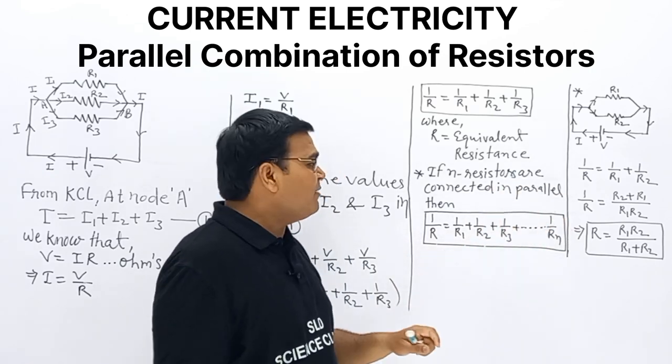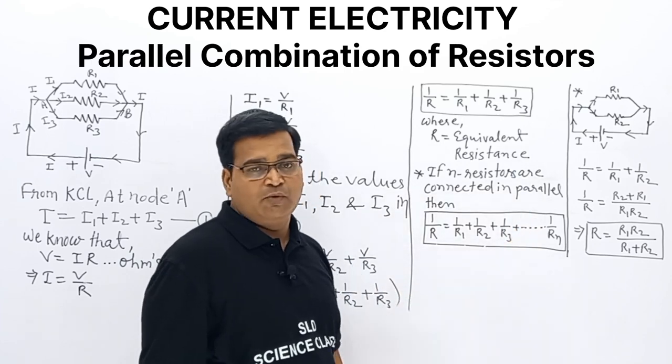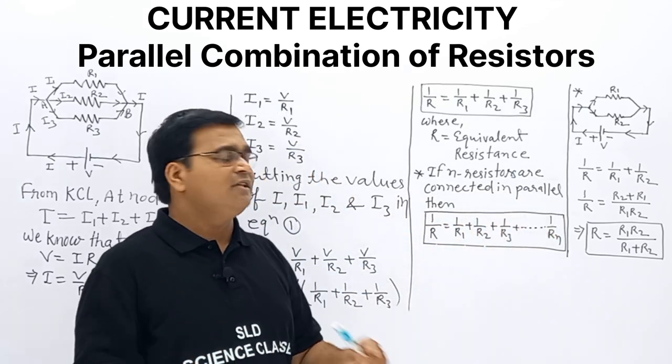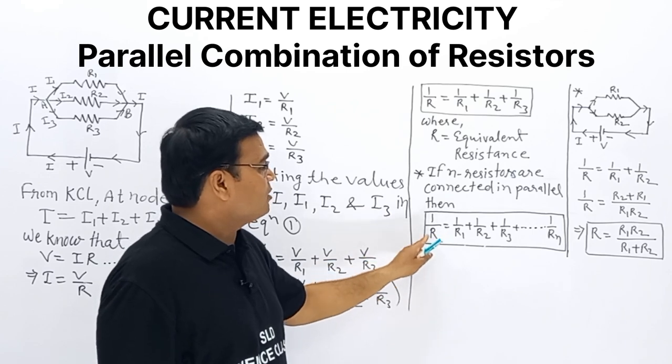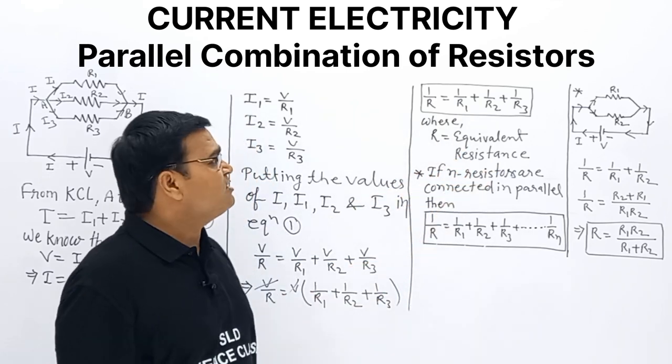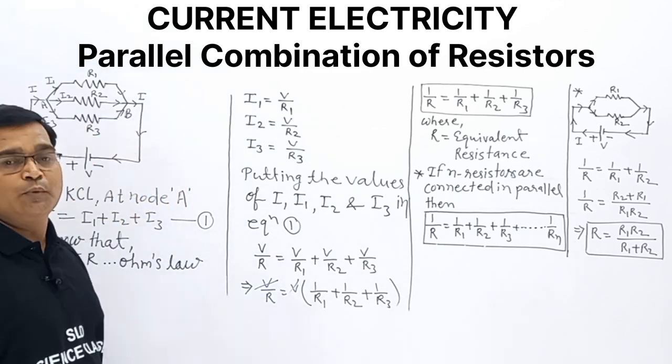If 5, we write up to 5. If we have 10 resistors, we write till 10 resistors. Then solve for R, and R is the equivalent resistance. So this is the process of finding the equivalent resistance.